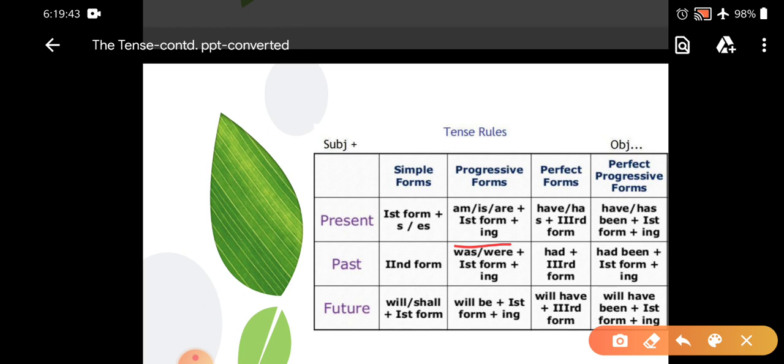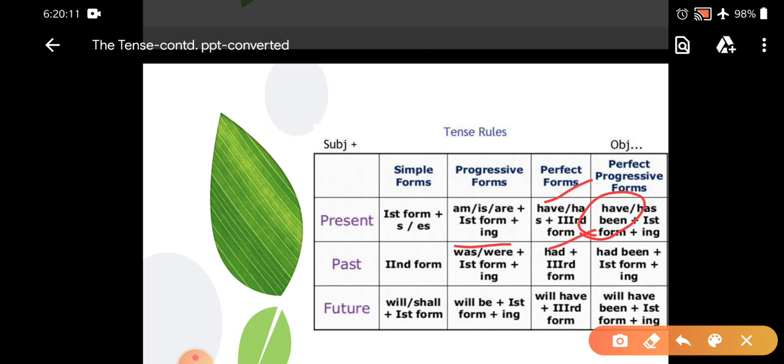Perfect forms, students, you have to remember, they always take a have or a had with the third form of the verb. And then we have perfect continuous form or perfect progressive forms, which is has, have plus been. So you have to take note of this very clearly. Has, have plus been plus first form plus ing.